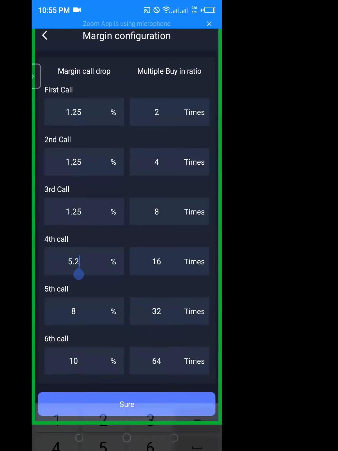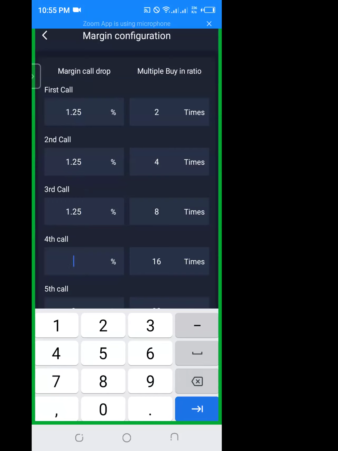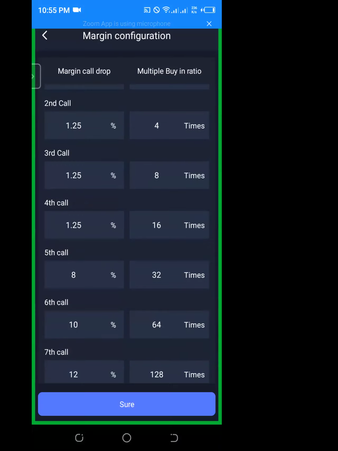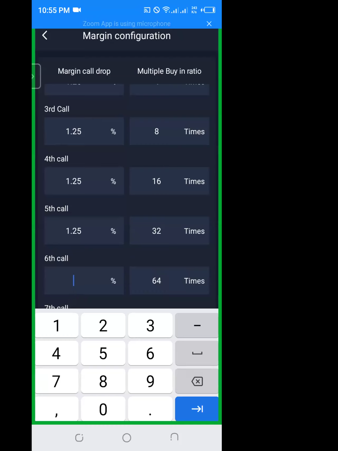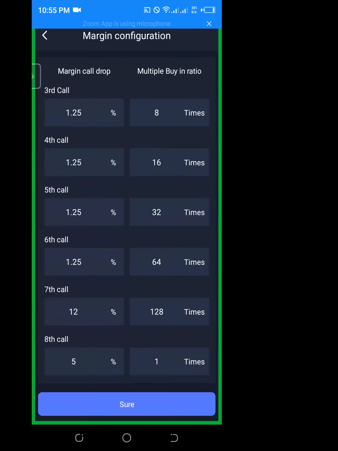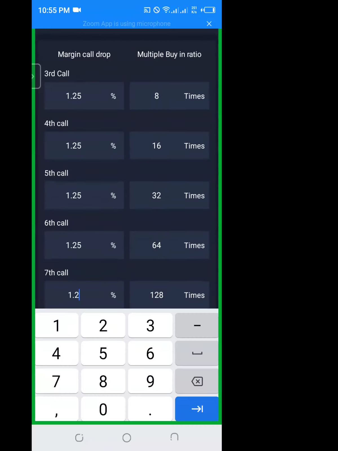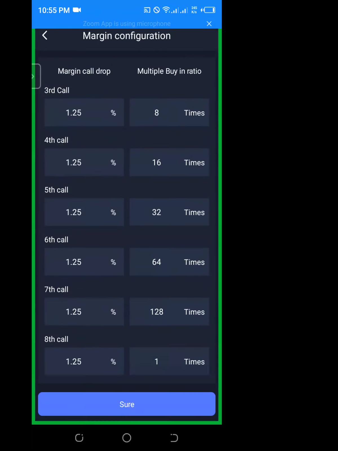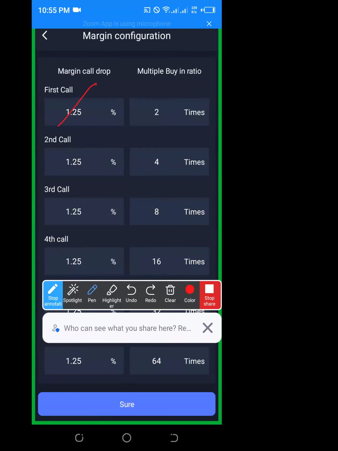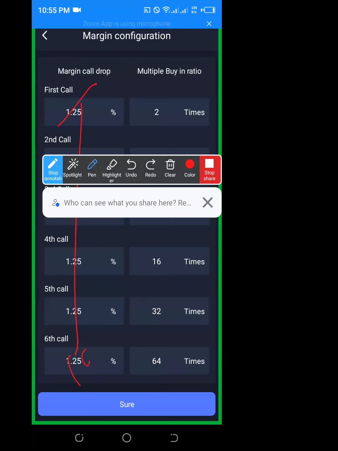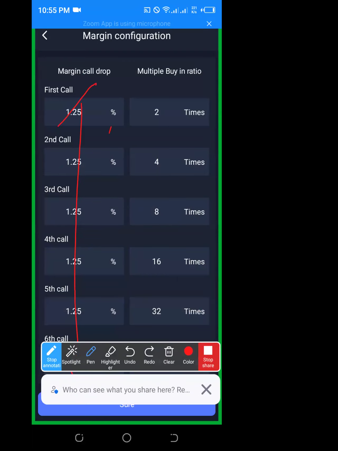Don't complicate the settings. This is just simple mathematics which you can understand in one day. As long as you write these simple methods, this business will become sweet for you. It means from the first call to the 10th call, that is a drop of 10%.